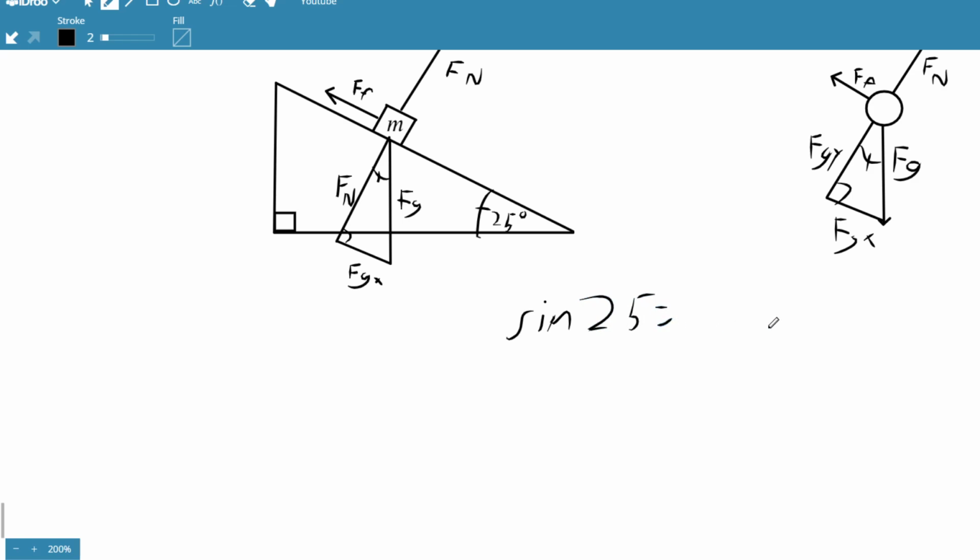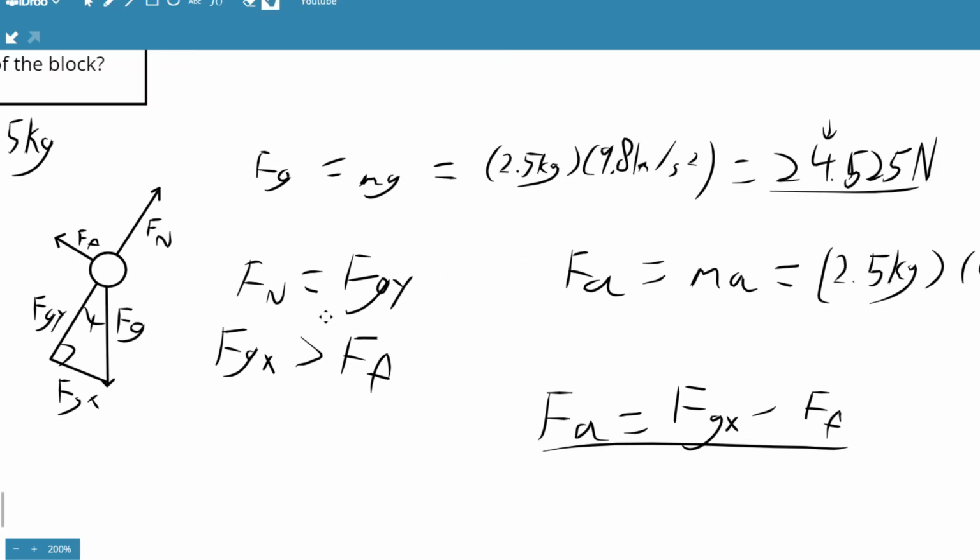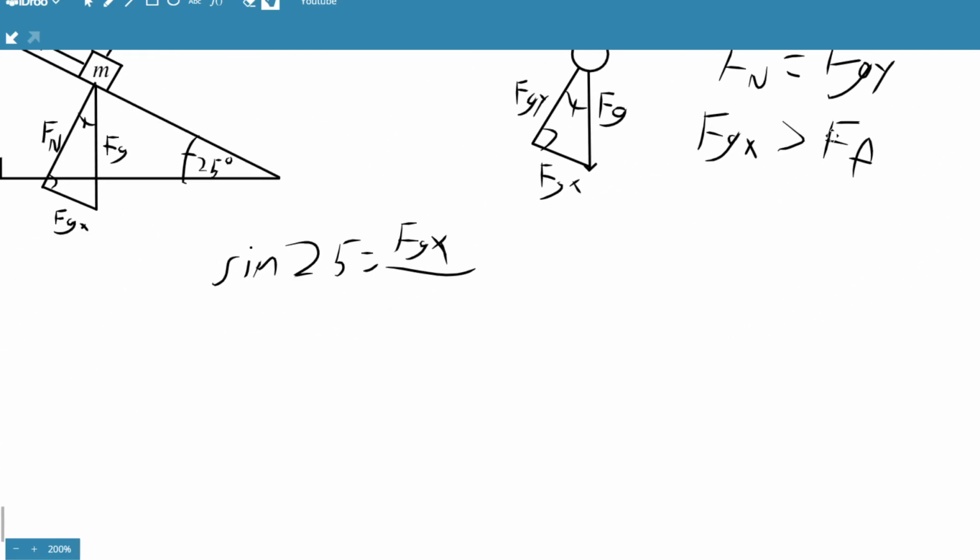Sine 25 equals FGX over FG, what was that? 24.525 newtons. 2 sig figs. So now we just solve for FGX, multiply sine 25 by 24.525.